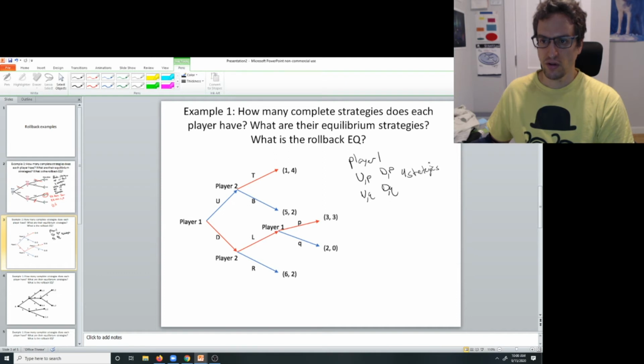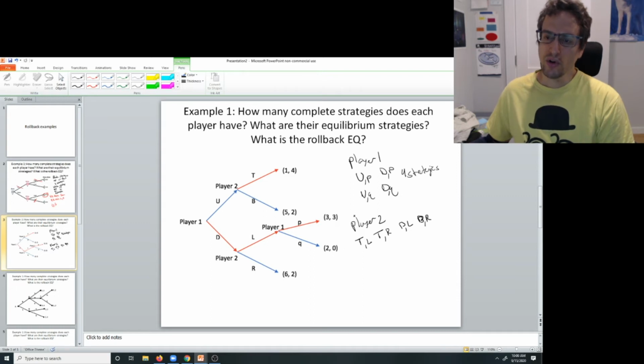Player 2 also has 4 strategies: TL, TR, BL, and BR.